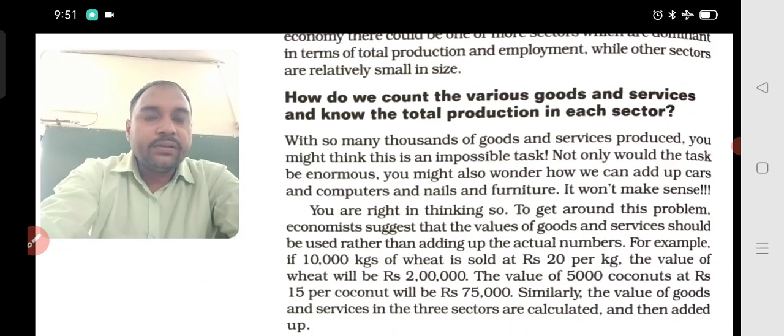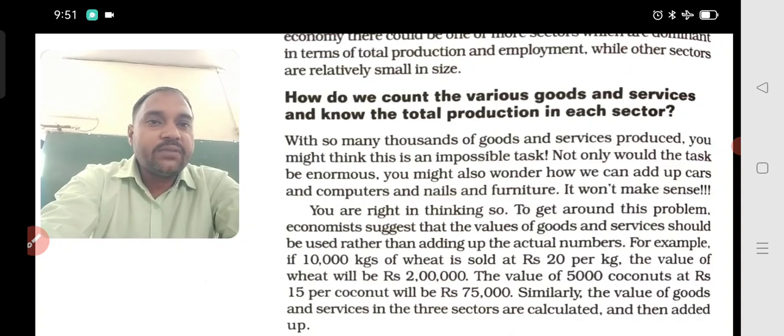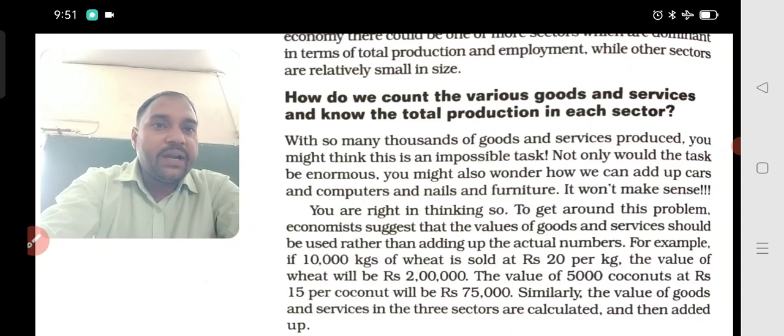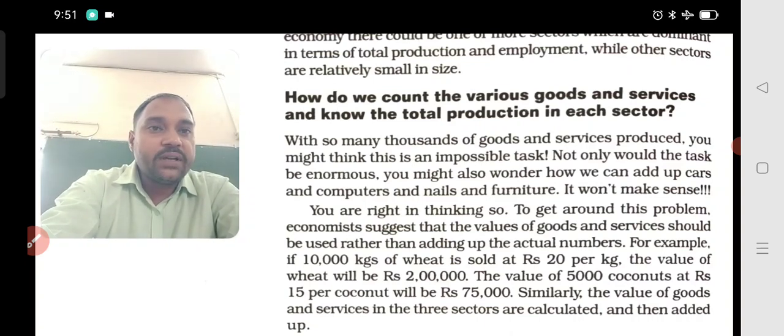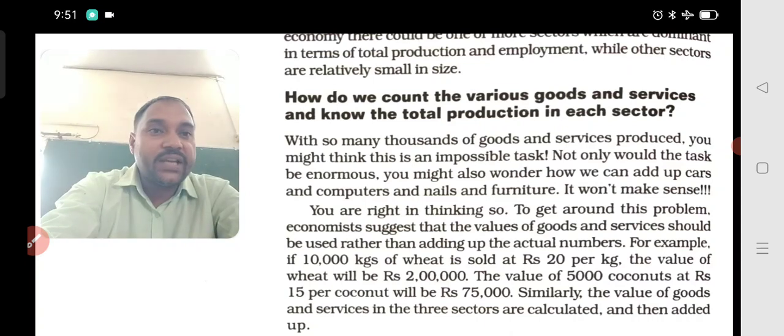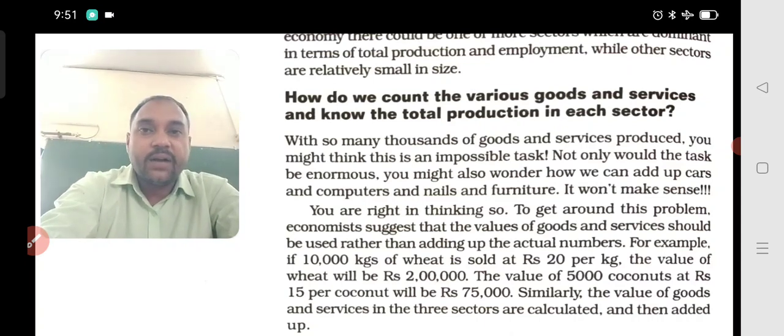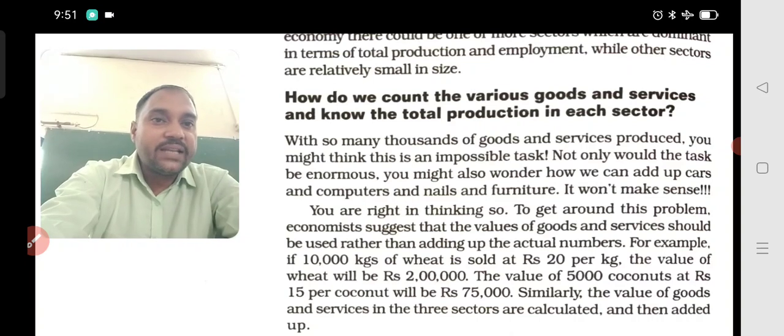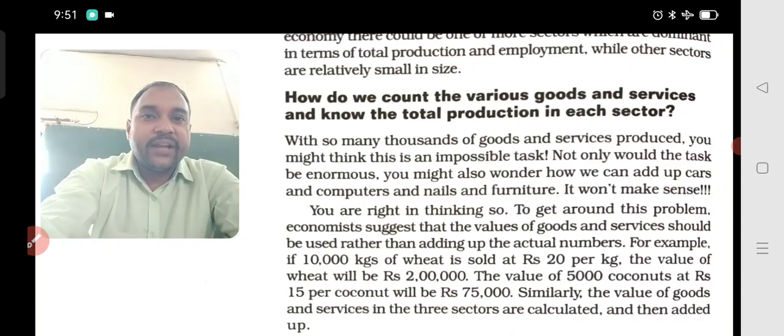Now we carry on. With so many thousands of goods and services produced, you might think this is an impossible task. Not only would the task be enormous, but you might also wonder how we can add up cars and computers and nails and furniture. It won't make sense. Now again, being a student of class 10th, you can have this idea in your mind that it is really an impossible task.